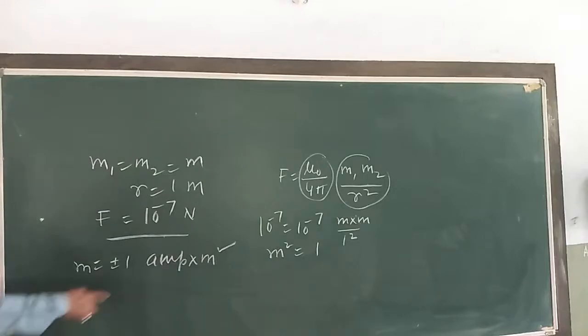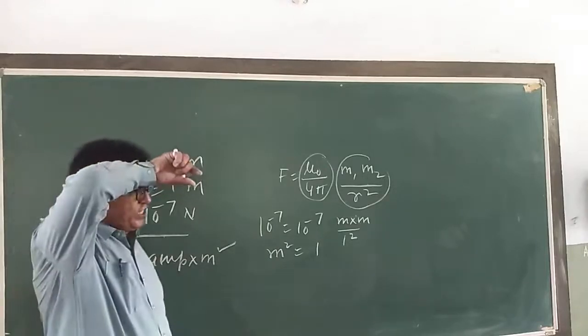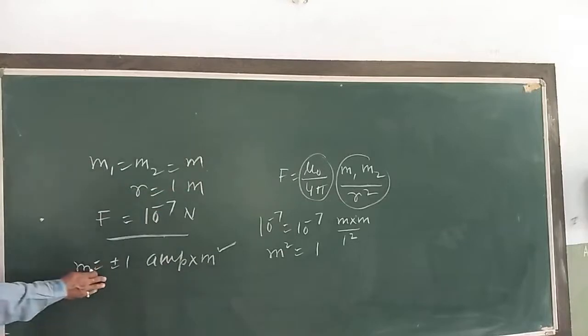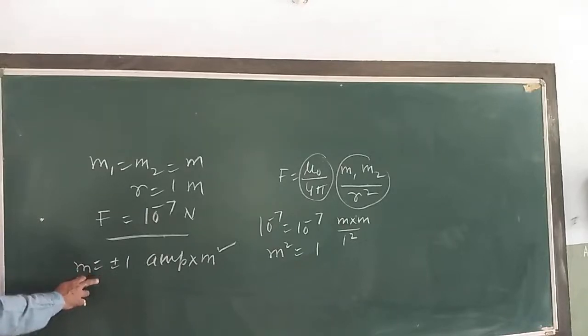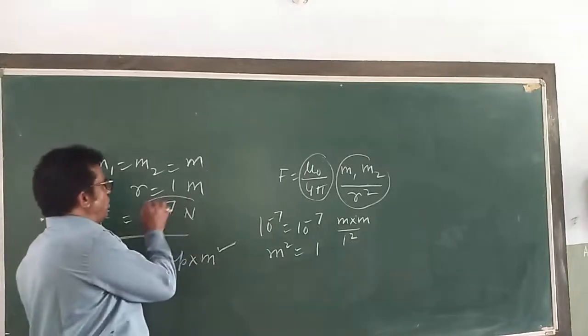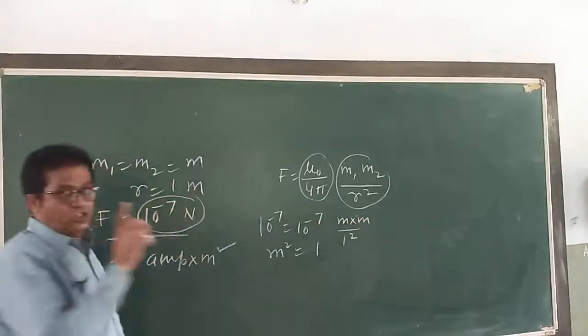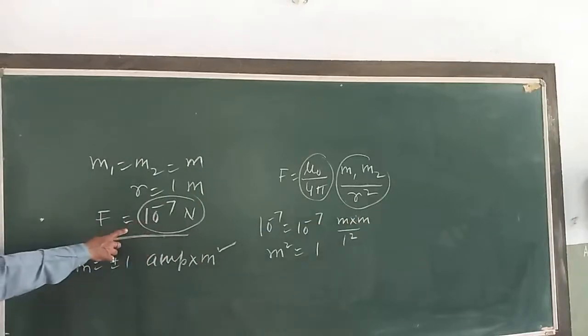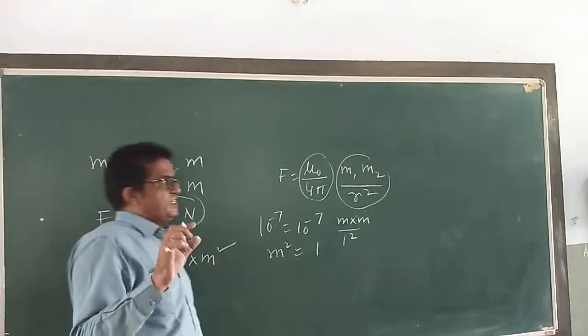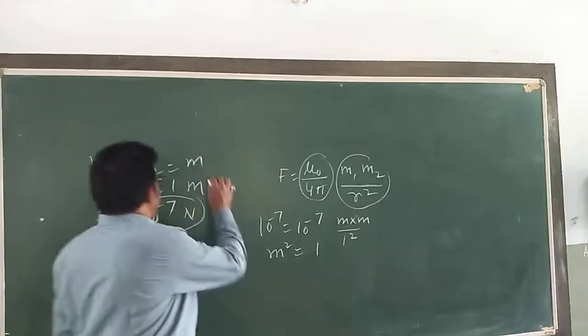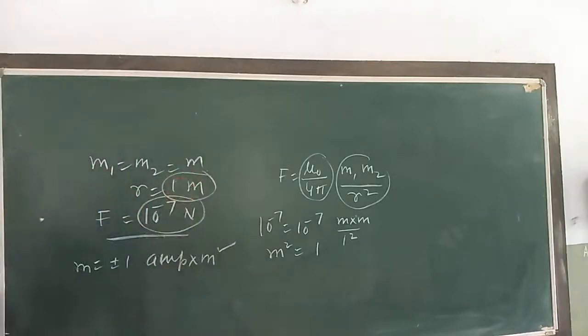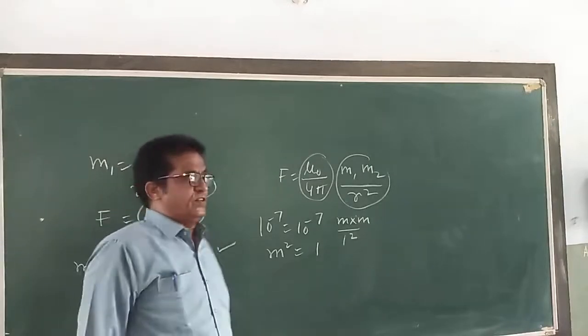The strength of a magnetic pole is said to be 1 ampere meter if it repels an equal and similar pole with a force of 10 raised to the power minus 7 Newton when placed in a vacuum at a distance of 1 meter. Okay, this is called pole strength.